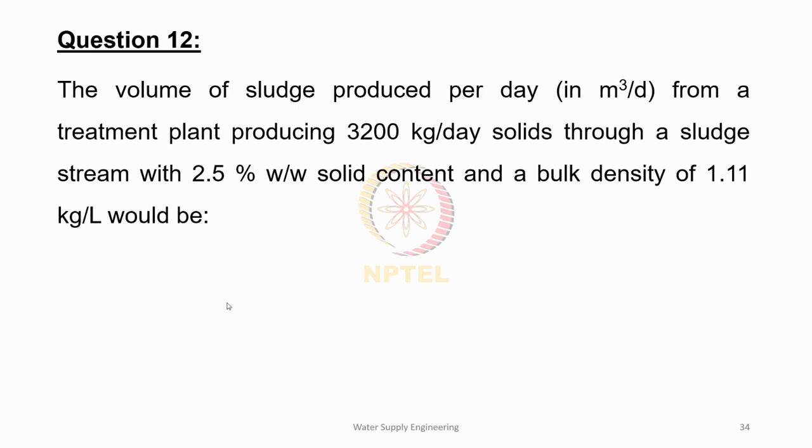So again, this is a numerical problem. Please solve it and then type the answers in the chat box. I'll give 2 minutes for solving the problem. So here we are given that per day the treatment plant is producing 3,200 kilogram of solids, and the sludge stream has a solid content of 2.5 percentage weight on weight, and the bulk density is 1.11 kilogram per liter.